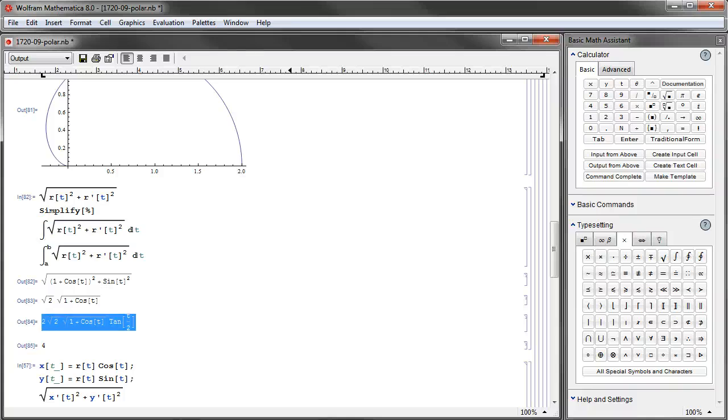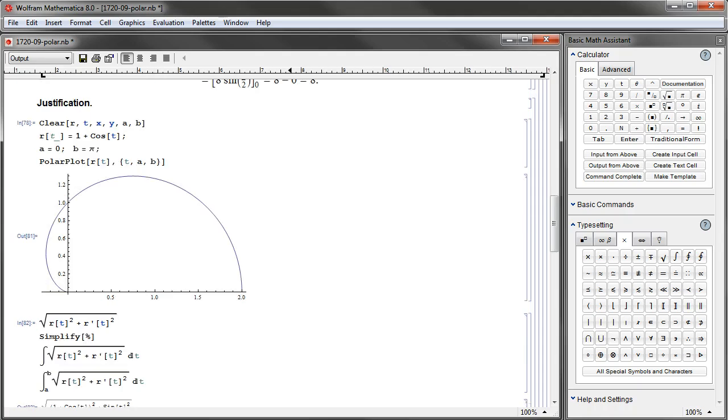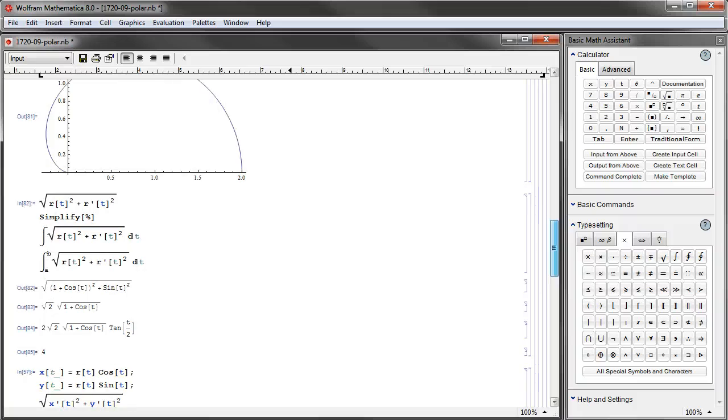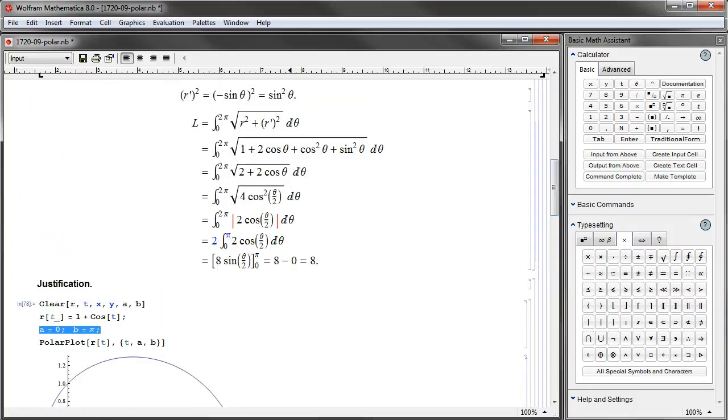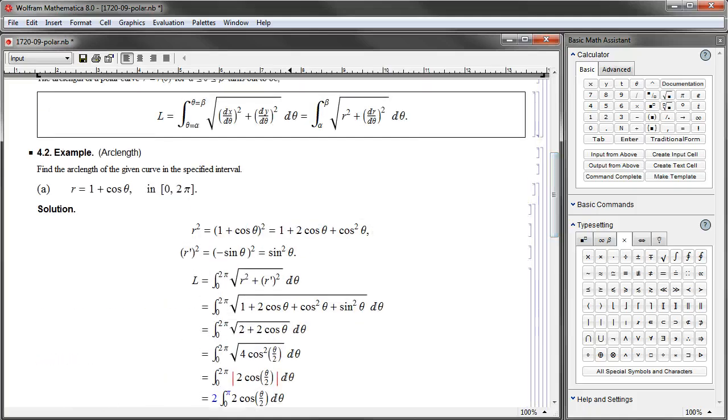For some strange reason we have tangent of t over 2 and something. That's because Mathematica follows a slightly different scheme than the paper and pencil method. Finally, if you take the definite integral from a to b, we get 4, and that's because a to b is 0 to pi. We have to double it, and the answer will be 8. Alright, there goes the justification.